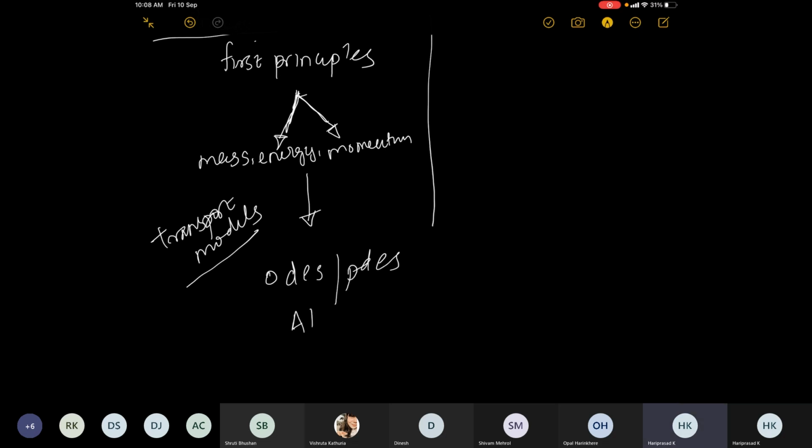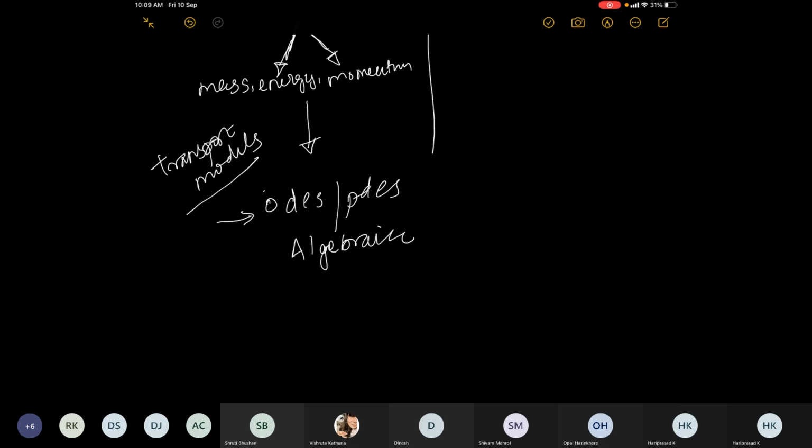Sometimes algebraic also. For instance, the vapor-liquid equilibrium equations. They are algebraic because they are equilibrium relations. There is no dynamics involved. So most likely these are ordinary differential equations or partial differential equations.